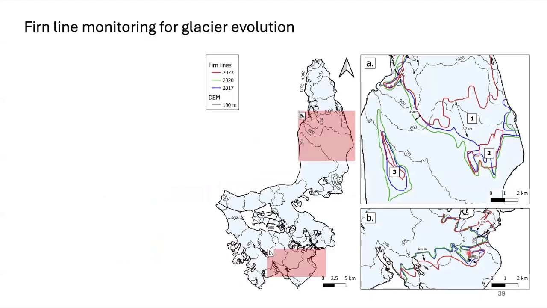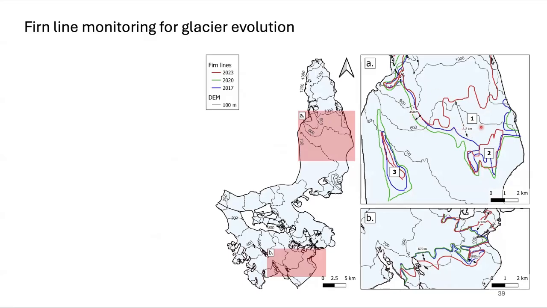What you can do with this classification is that if you do it over time, you can map out the lines that I mentioned before that exist on a glacier. And here, this is the snow lines, and I mapped it from 2017 to 2023. And you can measure the distances of the differences.